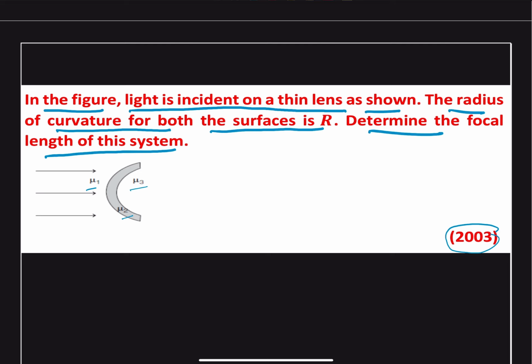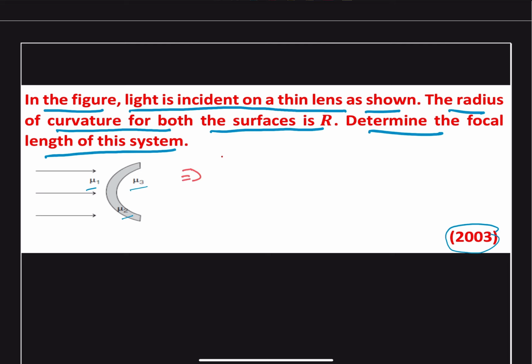And the incident ray is coming parallel and from the medium having refractive index mu1. So we have to find out the focal length of the system, and in this case we have to remember that we are having three media.